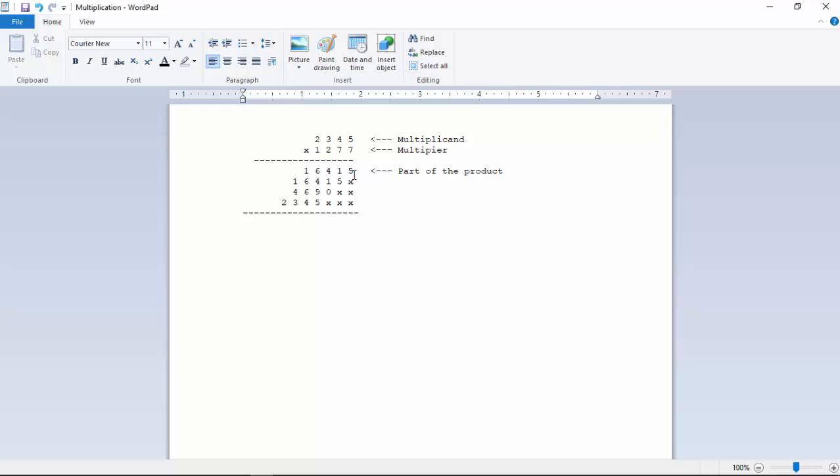So here in the summing up, we practically treat this x as 0, isn't it? So I can as well replace it with zeros. And then we sum it up.